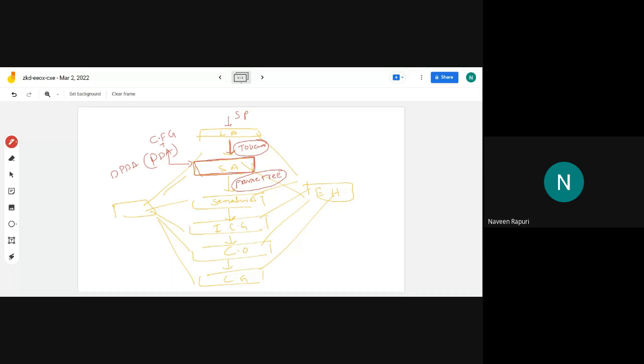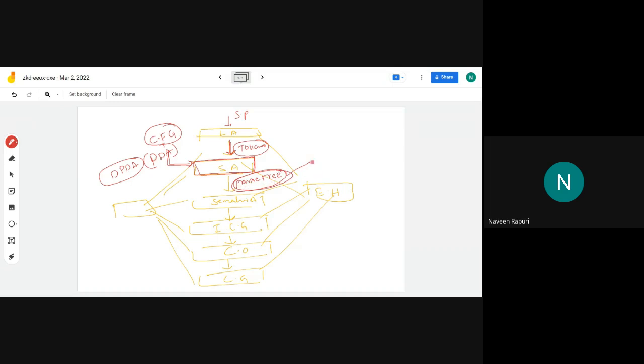So in the syntax analyzer, for generating the parse tree, we use context-free grammar and deterministic push-down automata as tools. With those, we can generate the parse tree.